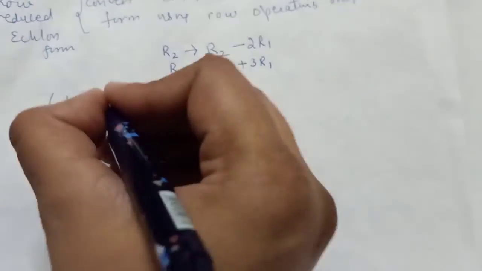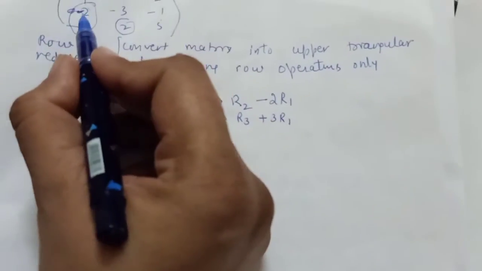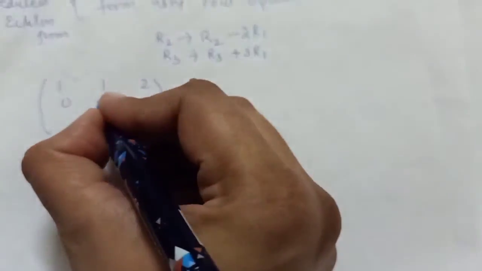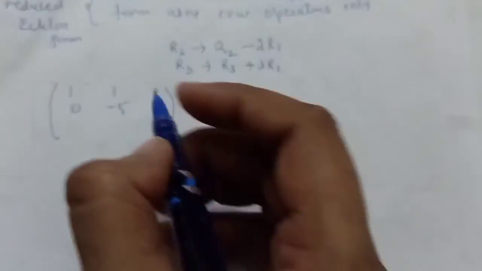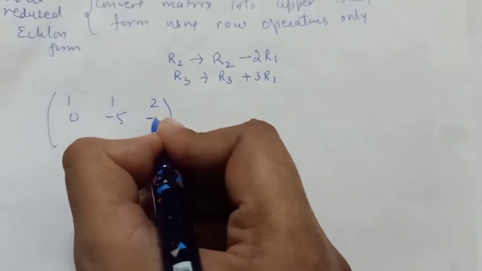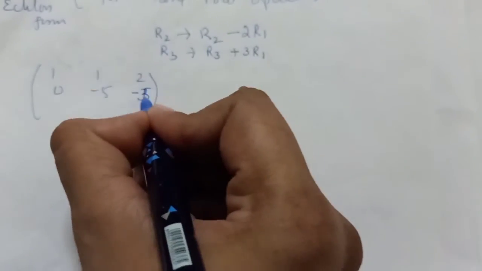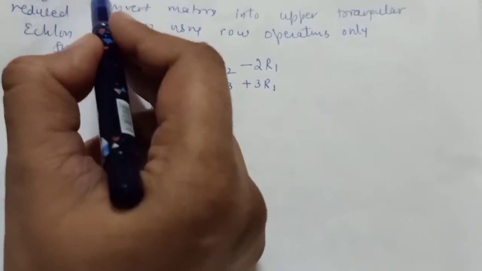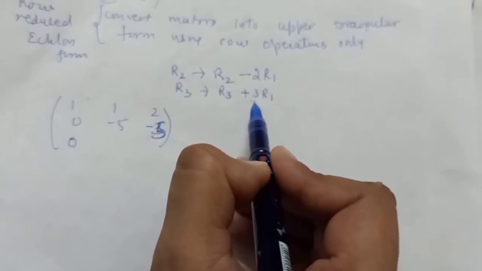So what would happen? The first row will remain the same. The second row is 2 minus 2 = 0, minus 3 minus 2 = minus 5, minus 1 minus 4 = minus 5, and the last row will be minus 3 plus 3 = 0, 2 plus 3. This is the operation we are applying.